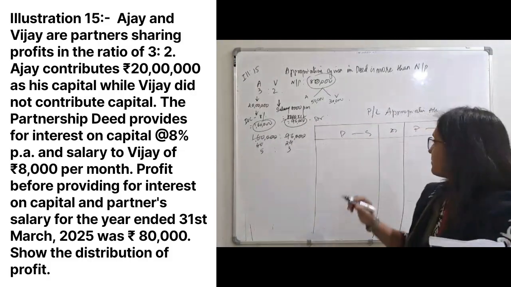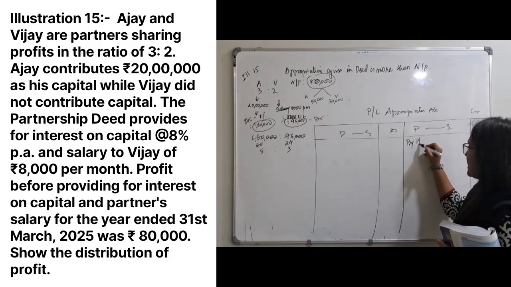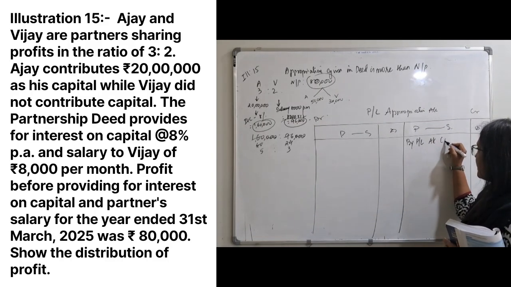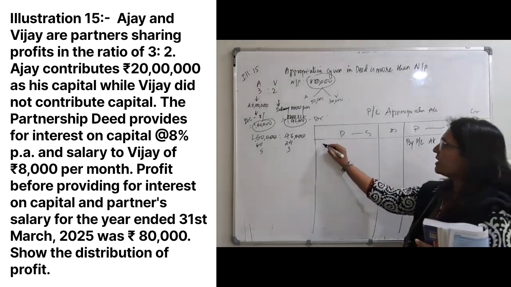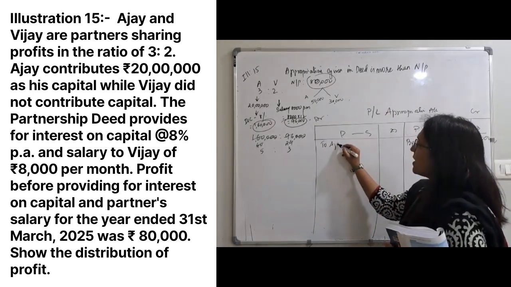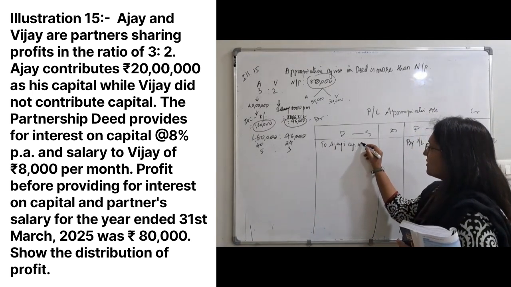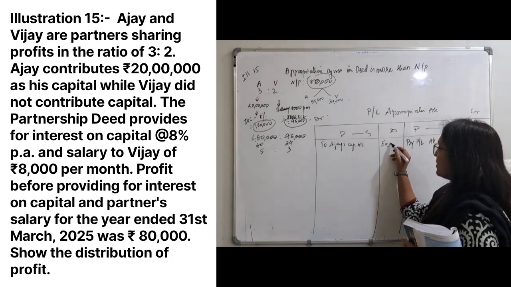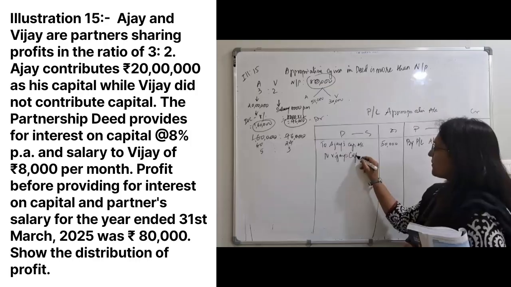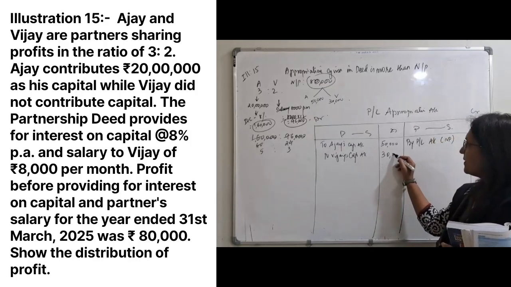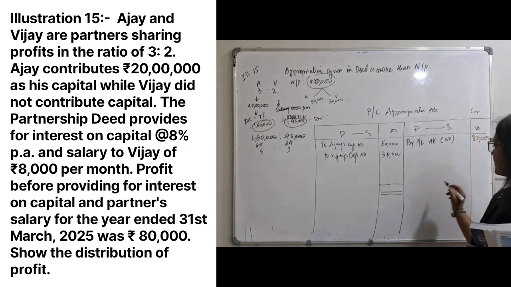Always bring down the net profit from the profit and loss account, which is 80,000. This 80,000 we will be giving to both the partners. To Ajay's capital account, we have calculated he will be getting 50,000. To Vijay's capital account, he will be getting 30,000. Now take the total. That's it.